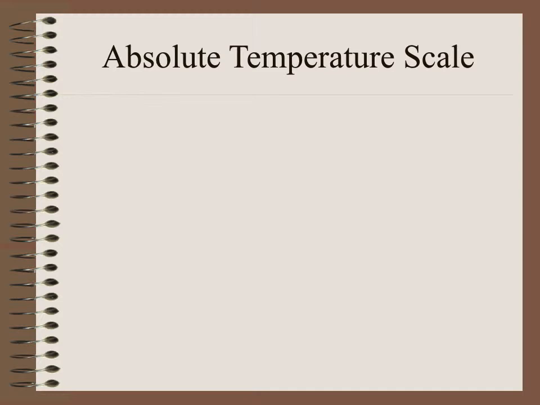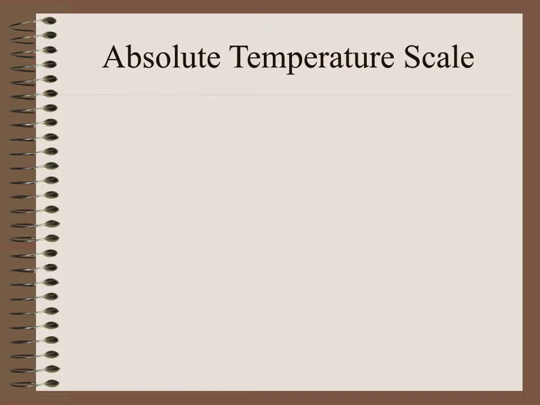Because if temperature is the measure of the kinetic energy in the molecules of a substance, kinetic energy can't be negative. Mass can't be negative, and the speed, which we're squaring, can't give a negative when squared. So you can't get a negative number out. So really, temperature shouldn't have a negative number.